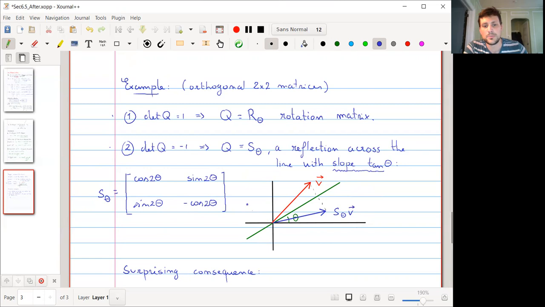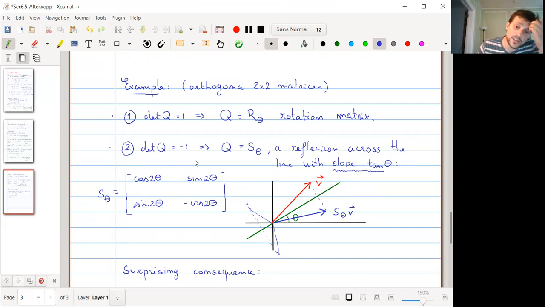So if you pick any point here, it will just get sent across by our matrix S theta. It looks like this. It's another example that I decided not to focus on as much as rotations, but it's equally important. And they are all the orthogonal matrices of determinant -1.